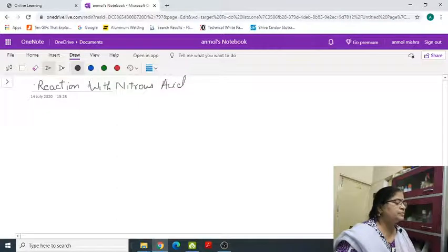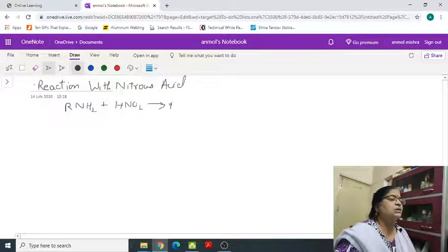Now, primary amine reacts with nitrous acid HNO2. It forms benzene diazonium chloride. If the temperature increases, it forms alcohol.